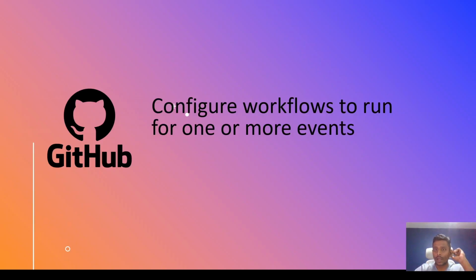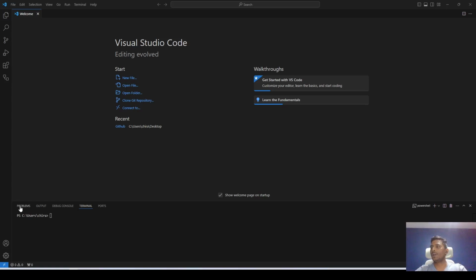All right, so now we're going to jump on to our first topic, configure a workflow to run for one or more events. To do this, we have to open Visual Studio Code. I have already got it open, so you can see Visual Studio Code is open here.